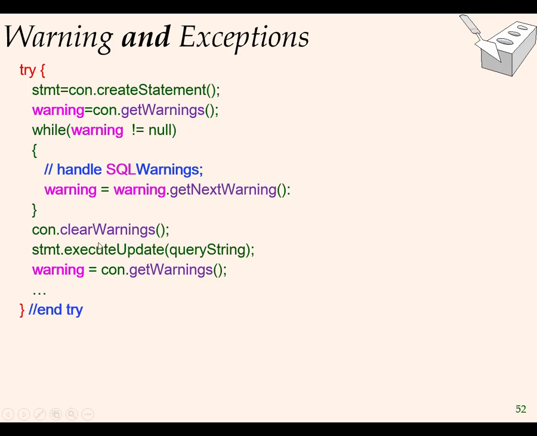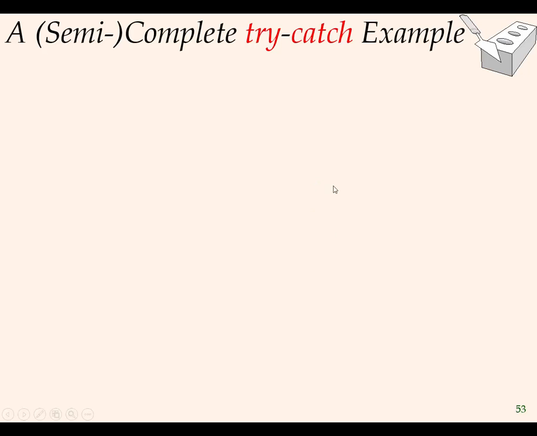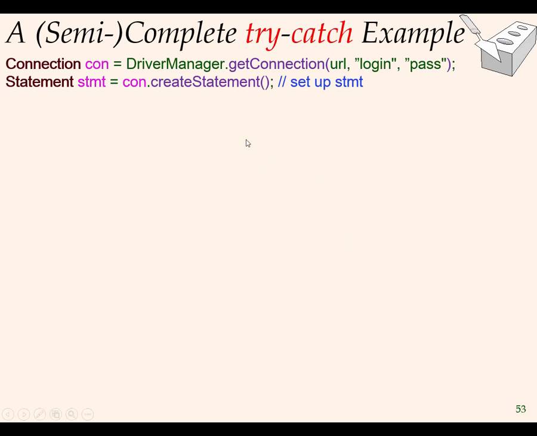You can clear them. You execute a statement, and you again check for warnings. And here's the catch block for the SQL, which is an object of the SQLException class. So you can handle the exception in the catch block. So this is an example.